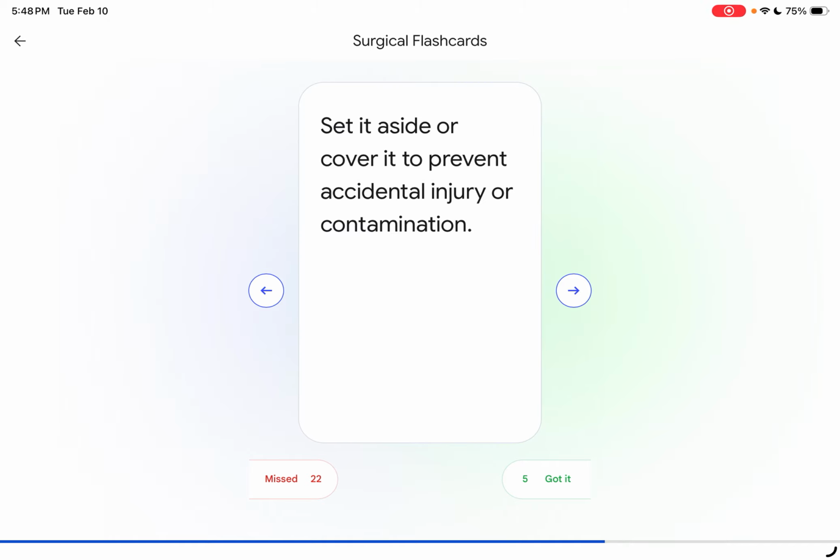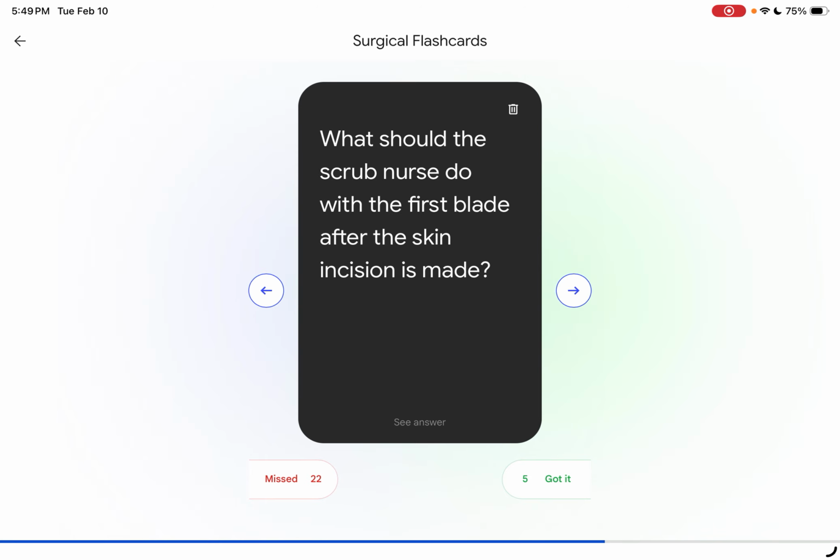Set it aside or cover it to prevent accidental injury or contamination. Okay, set aside nimo ang first blade.